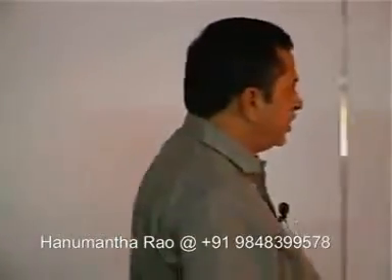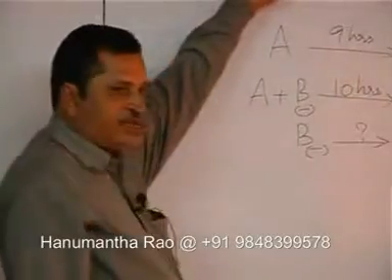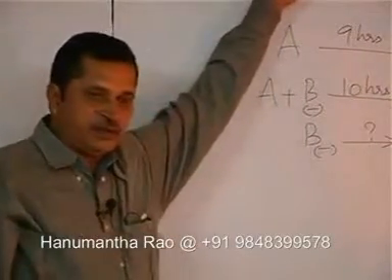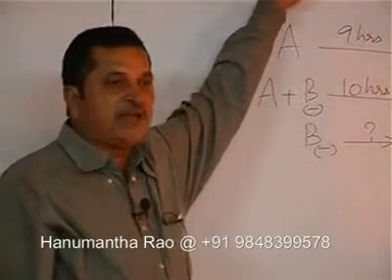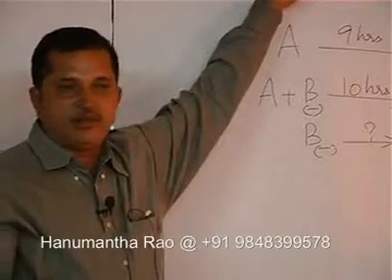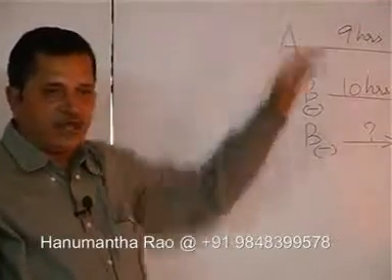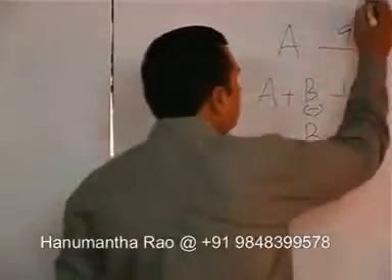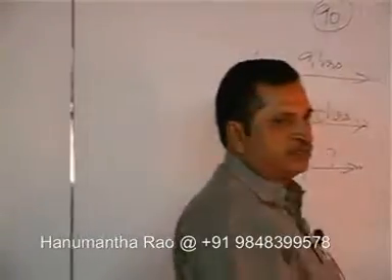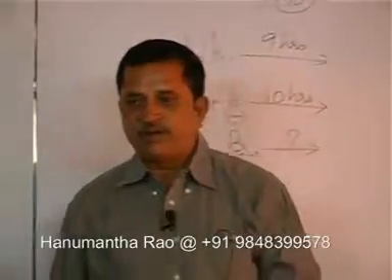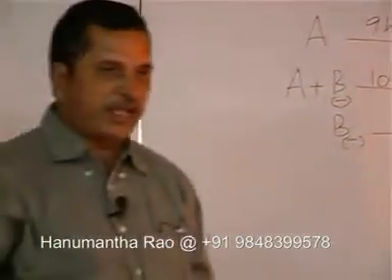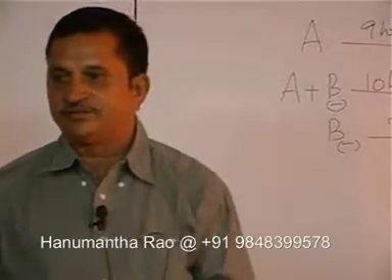Now, usually we decide the work as some units. Here, we decide the tank capacity. What is the LCM of 9 and 10? 90. So, the tank capacity is 90 units. If you want to fill up the tank, 90 units you have to fill. If you have to vacate the tank, you have to vacate 90 units.